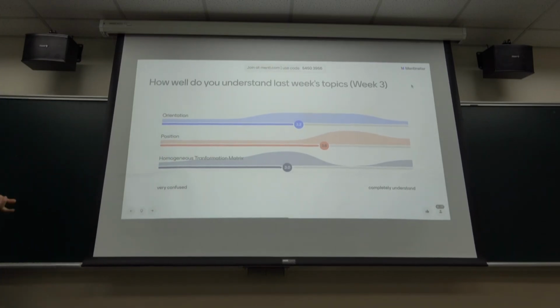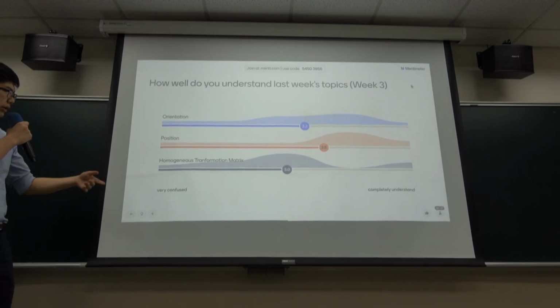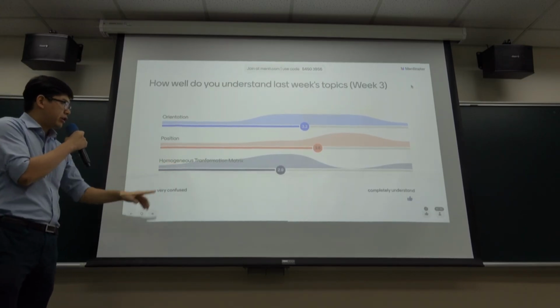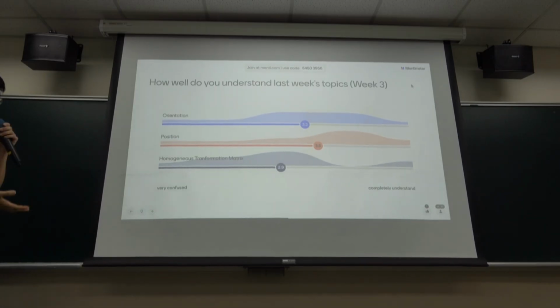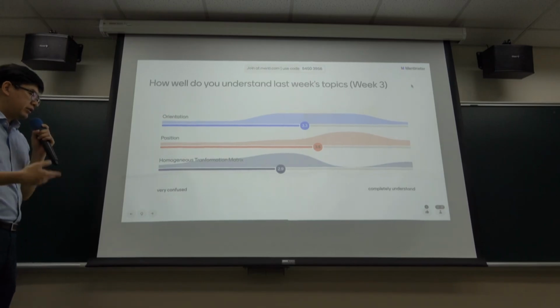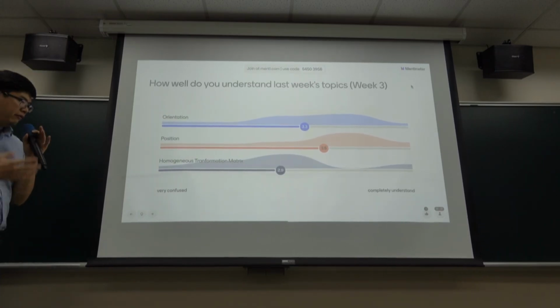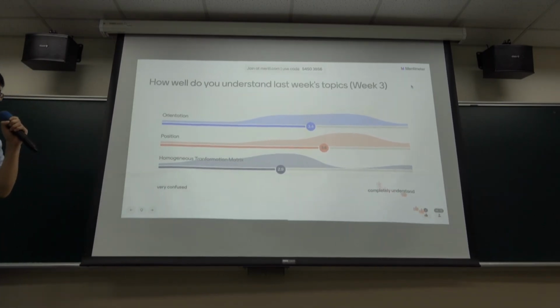So today we'll be covering the forward kinematics. The forward kinematics will basically be based on the homogeneous transformation matrix. So if you understand the topics from last week, then the forward kinematics will be just a summary of all the configuration frames.